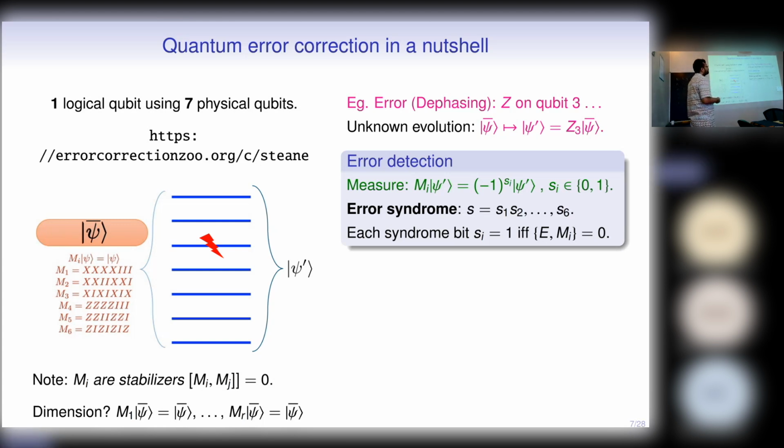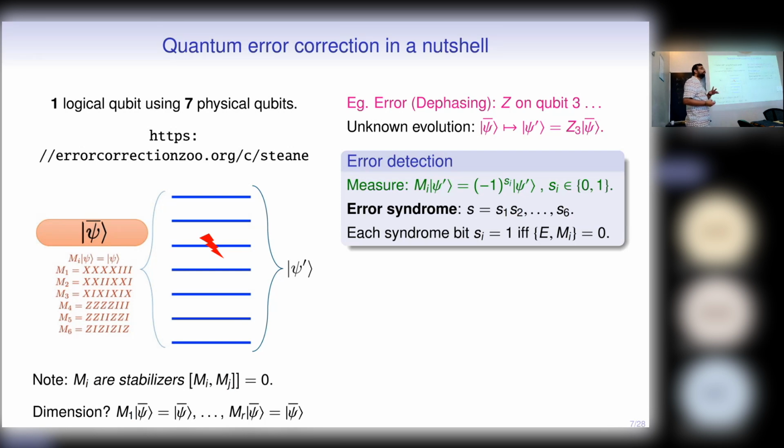Because it has +1 -1 eigenvalues, I can parameterize the eigenvalue as -1 raised to some binary outcome. And essentially, the binary outcome tells me the measurement outcome. Right? So measuring each M1 to M6 gives me one binary outcome. I can just write the whole thing as a binary string. That's the outcome of measuring everything I can.